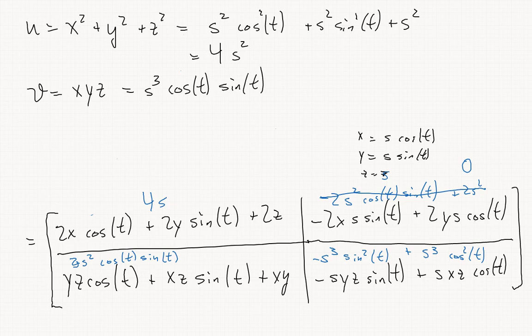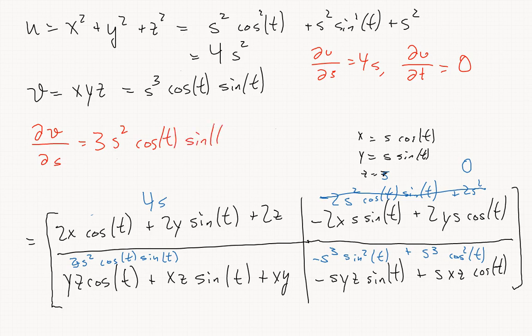And now we can calculate directly from here that del u by del s is 4s, del u by del t is 0, and del v by del s, well, this is 3s squared cos t sine t, and del v by del t we can see is s cubed cos squared t minus sine squared t using the product rule.